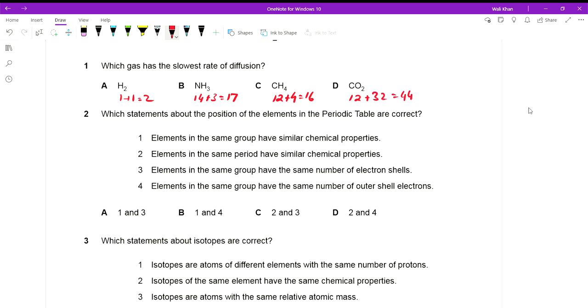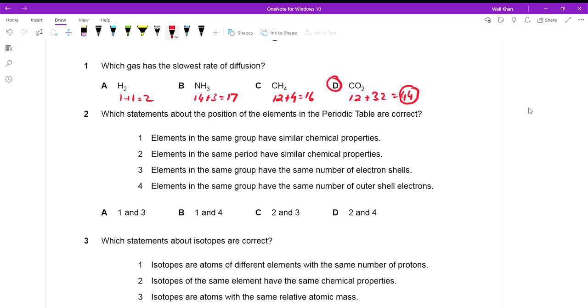So if you look at the molar mass, carbon dioxide has the greater mass as compared to other three gases, so it is diffused at the slowest rate. So option number is D.